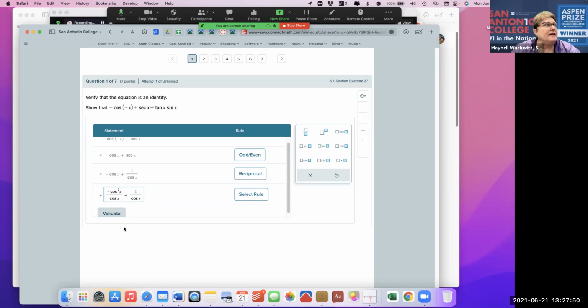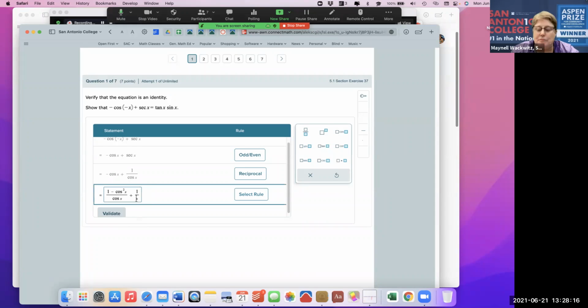Can I do more algebra? As long as it's not trig, can I do another algebra step? I have negative cosine squared x over cosine x plus 1 over cosine x. Can I combine those fractions? Oh, yeah, you can. Okay. Negative cosine x.